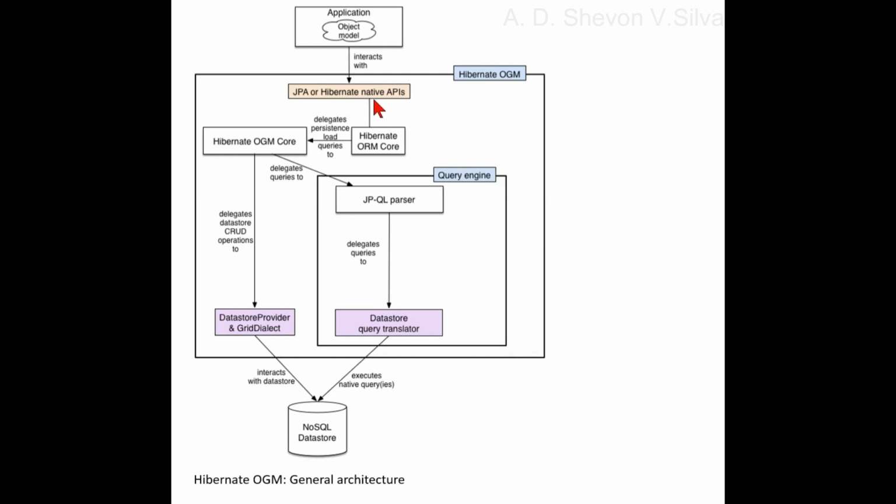JPA or Hibernate native API interacts with Hibernate ORM core. Hibernate ORM core delegates persistence and load queries to Hibernate OGM core. Hibernate OGM core delegates data store CRUD operations to the data store provider and grid dialect. Data store provider and grid dialect interact with the data store.